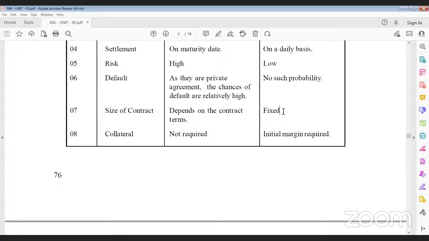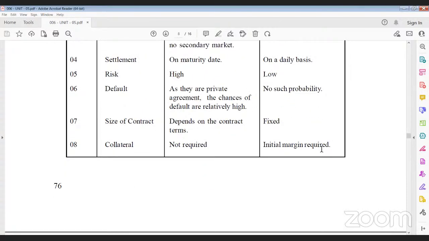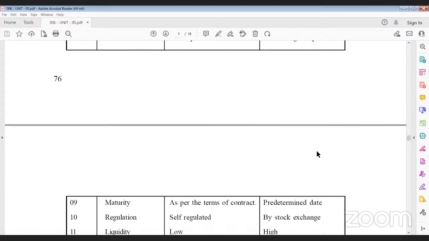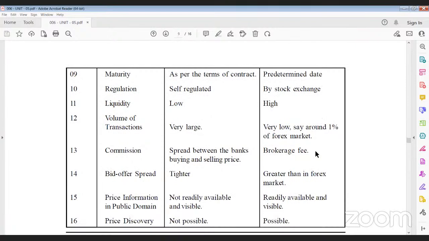Here for futures, it is fixed. Collateral, there is no need for collateral in a forward contract, whereas collateral, an initial margin, is required if you happen to do it with futures.